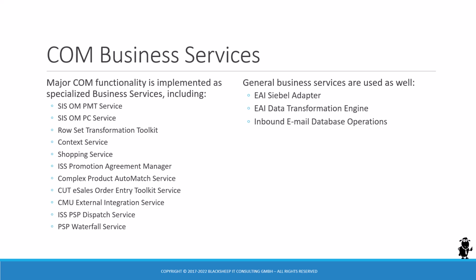You see a few names on the list here, such as the SISOM PMT service, the Rosettes Transformation Toolkit, the shopping service, the PSP waterfall service. And don't despair, we will deal with those business services in this course in due course.